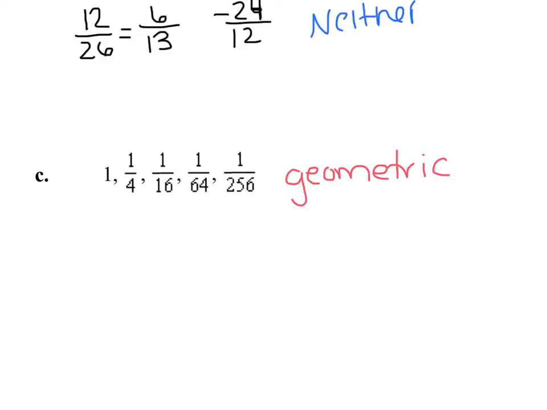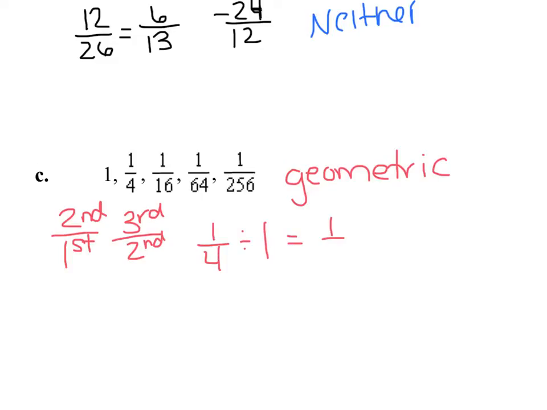And remember, to check geometric, we do the second term divided by the first term, and then the third term divided by the second term, and so on and so forth. So let's go ahead and do that. 1/4 divided by 1, and if we put that in our calculator, that would give us 1/4. And if I did 1/16 divided by 1/4, I would also get 1/4.